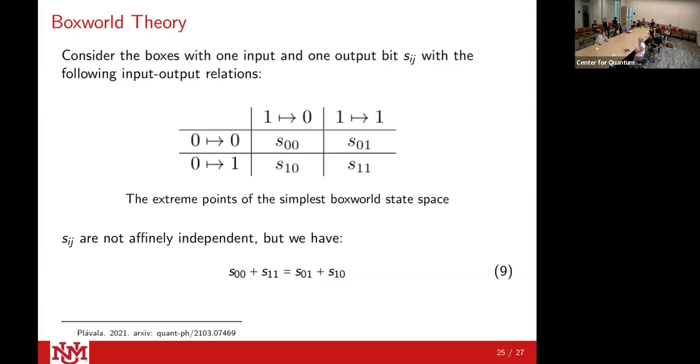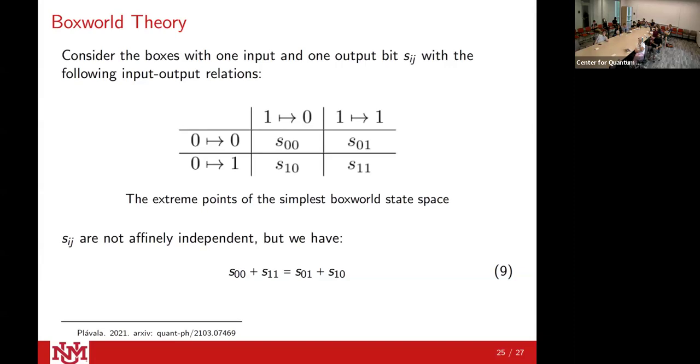So we don't have full linear or affine independence, but what we do have is that summing the 0,1 and 1,0 boxes gives you the same output as summing the 0,0 and 1,1 boxes. So it makes a 50% chance of getting out 1 or 0 no matter what you put in.